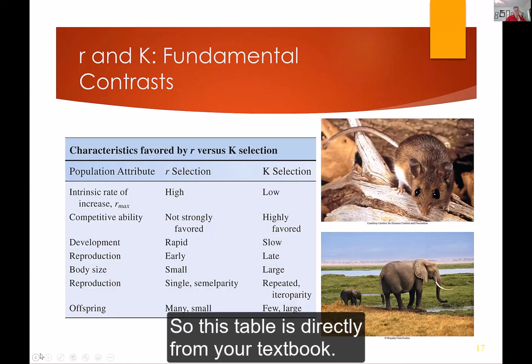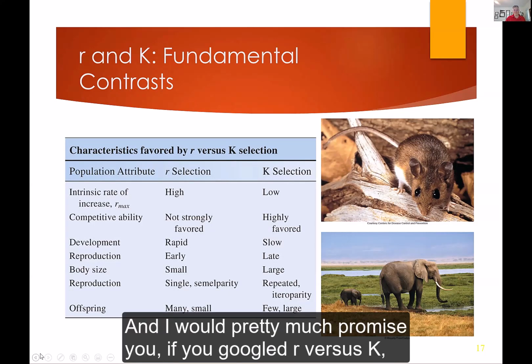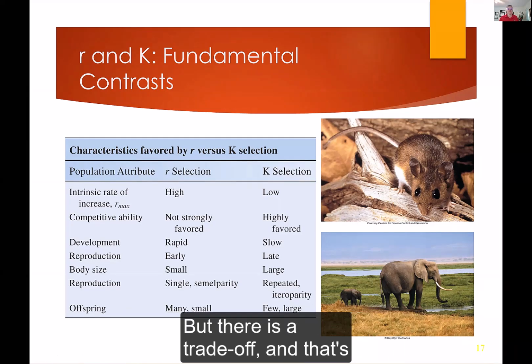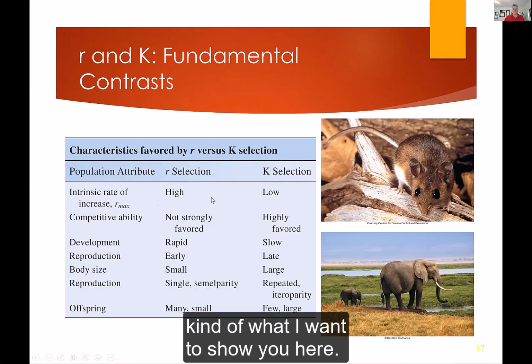So this table is directly from your textbook, and I would pretty much promise you if you Googled R versus K, you could probably find some of these online. But there is a trade-off, right? And that's kind of what I want to show you here.